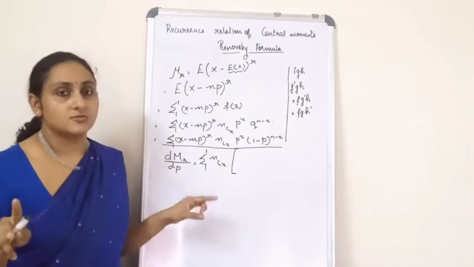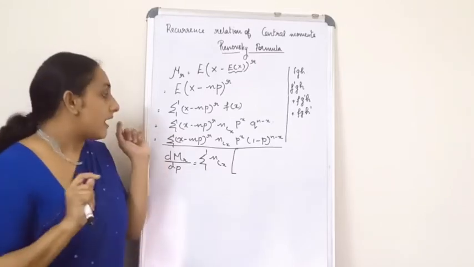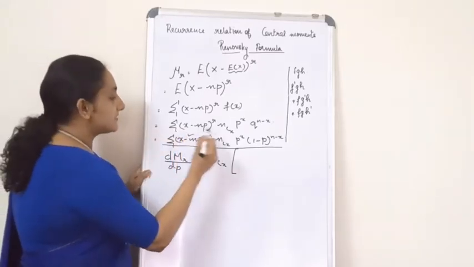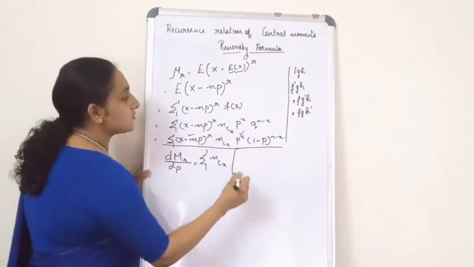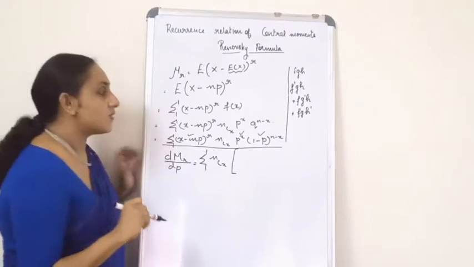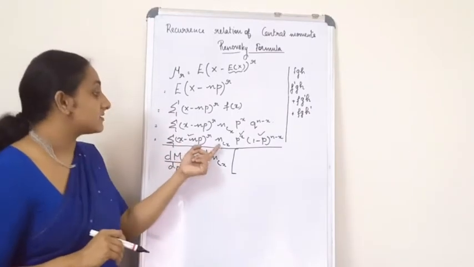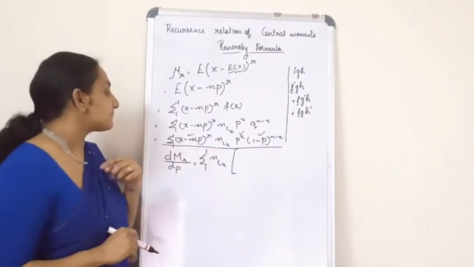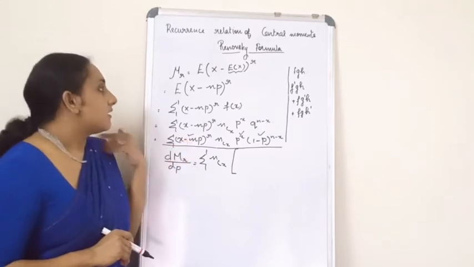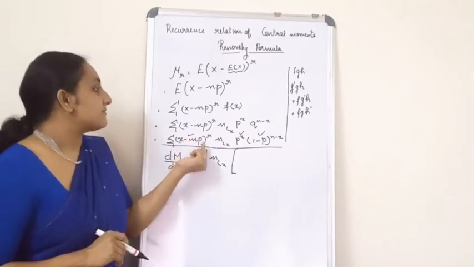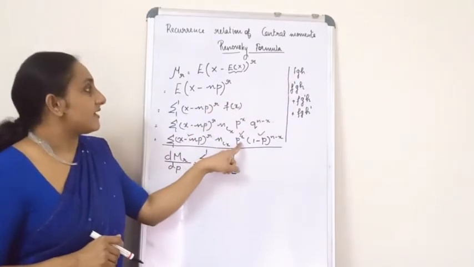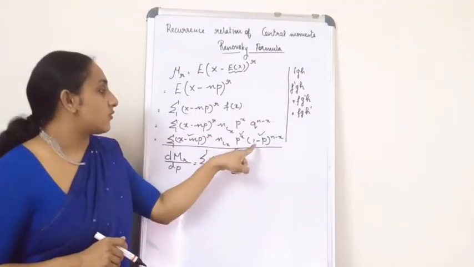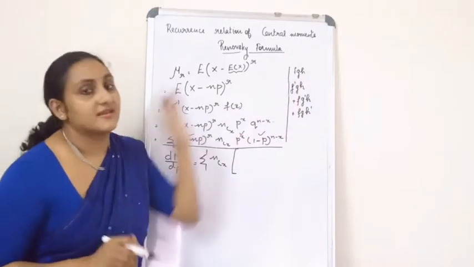I'm not going to consider nCx right now. I'm only going to consider this term, that is x minus np the whole raised to r, p raised to x, 1 minus p raised to n minus x. That's why I took the nCx outside. Here, for me, x minus np the whole raised to r is f, p raised to x is g, and 1 minus p raised to n minus x is h.